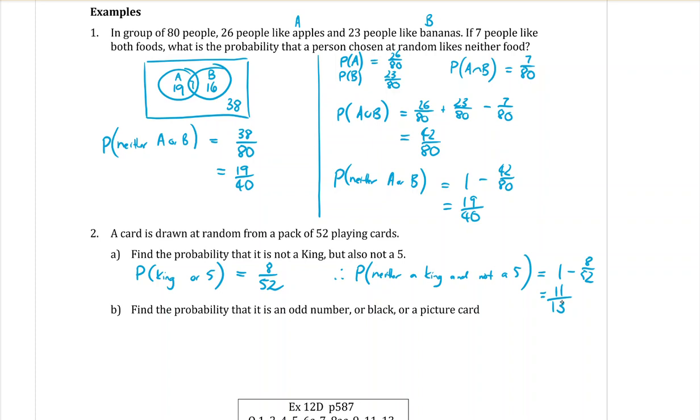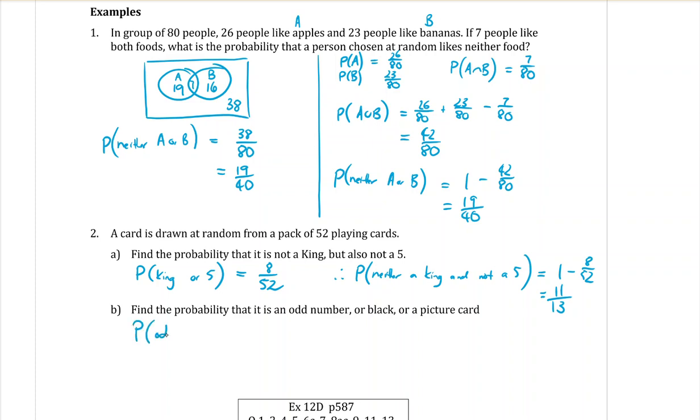Part B, find the probability that it is an odd number, or black, or a picture card. Is that mutually exclusive, those events? No, there is an overlap. What would be the opposite of an odd number, a black, or a picture card? A red number, yes, from 1 through 10.